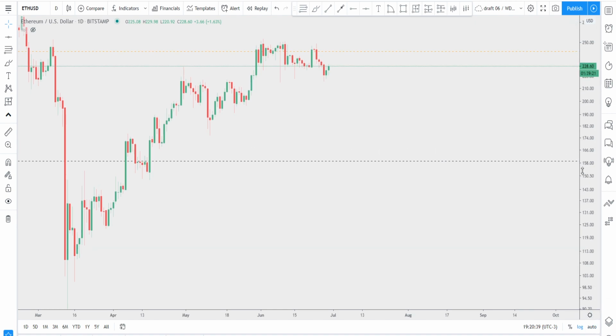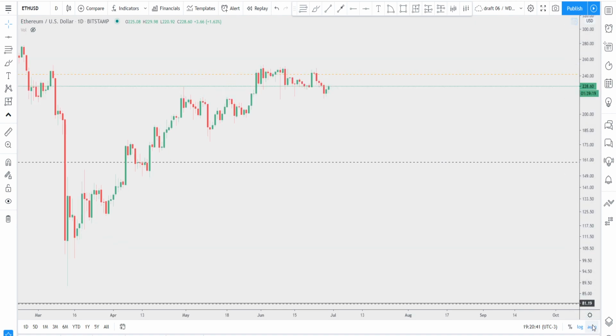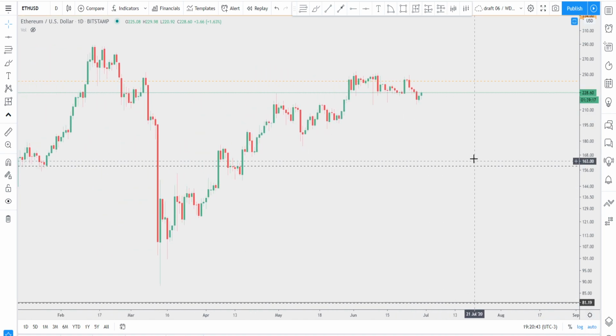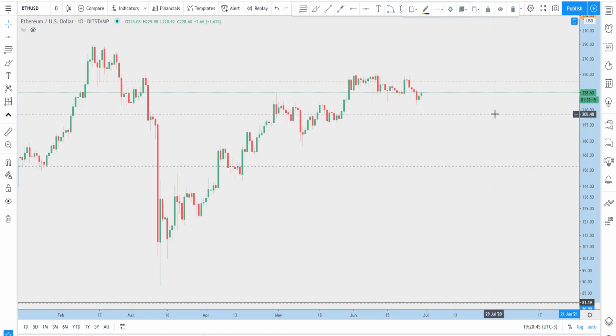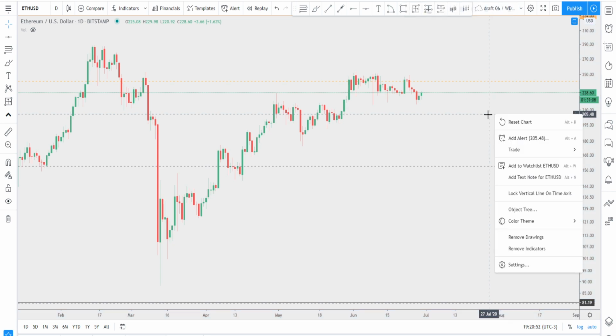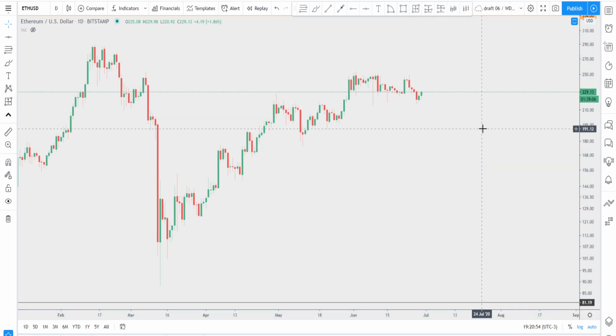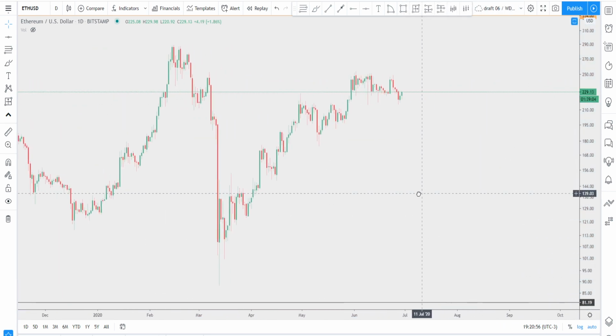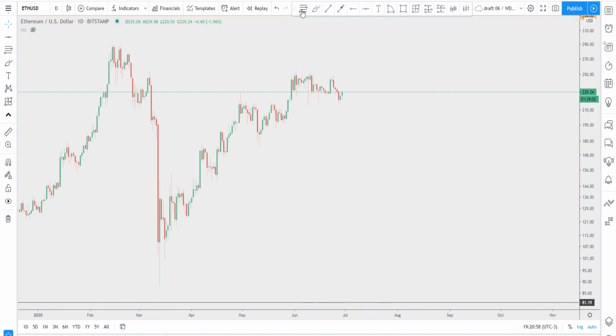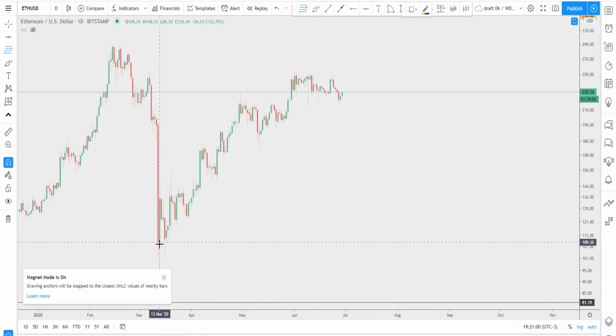So a thing that I'm looking here, just one more second. Now we are going to measure the current time frame, not the bigger one. That's not what we are looking in the short time frame. Hold on.